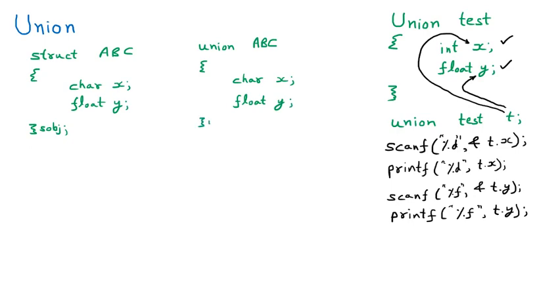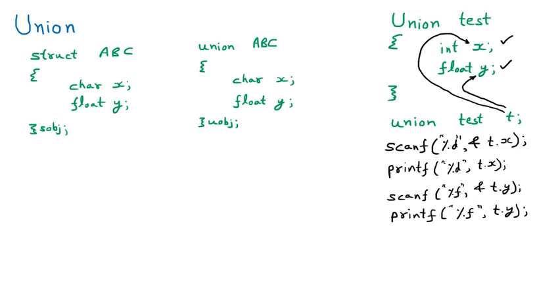I am using UOBJ to make you understand that it is the object of the union. You can take the same object name if you want, but to show the difference I am using different names. Now, both are the same. To access the members, we will use sobj.x, sobj.y. Similarly, uobj.x, uobj.y. So what is the difference?